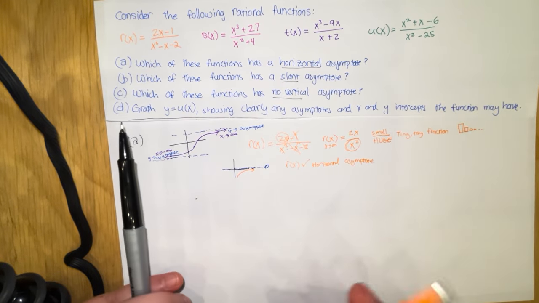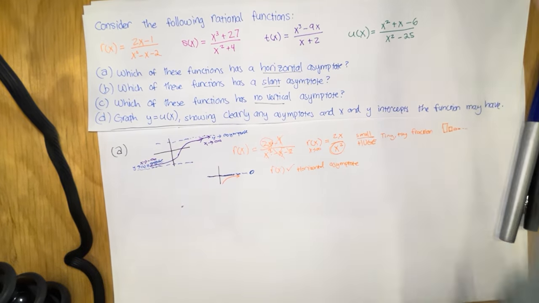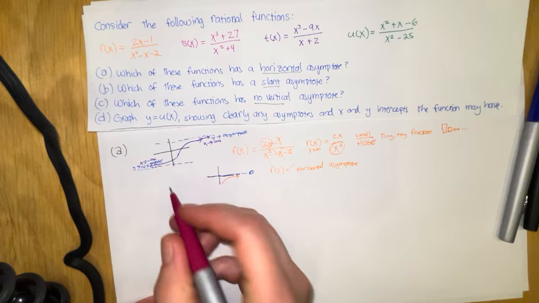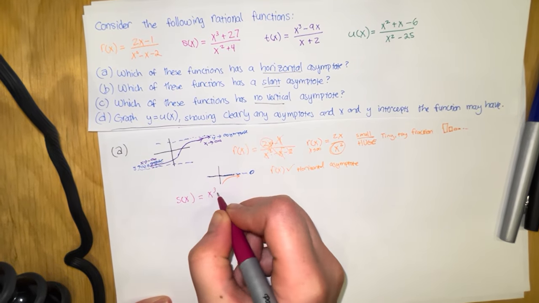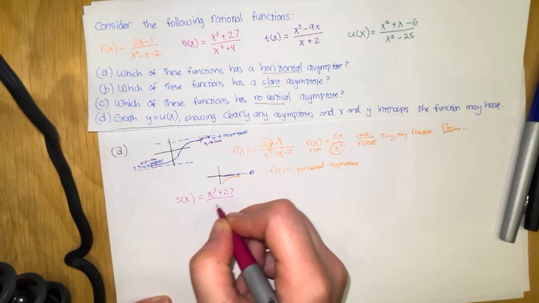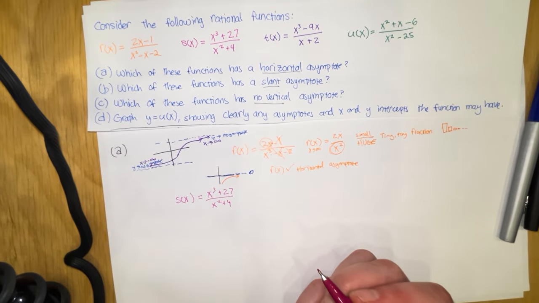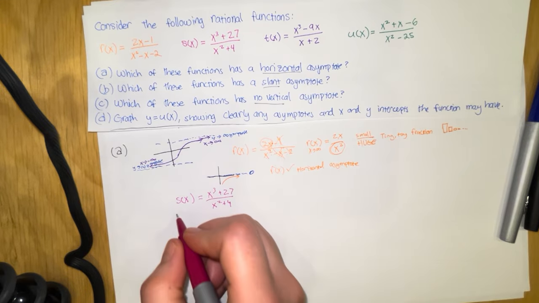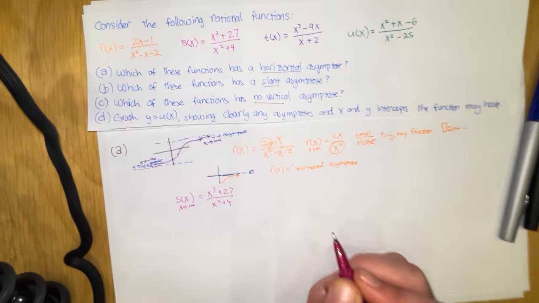Okay, so now we can check s of x in a similar fashion. So s of x equals x cubed plus 27 over x squared plus 4. So let's just check, as x goes towards infinity, what's going to happen?